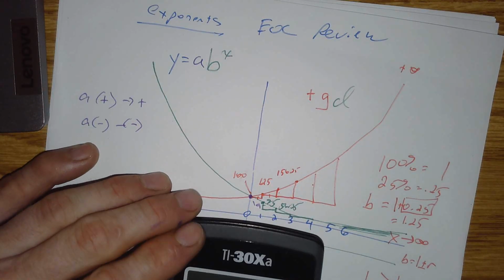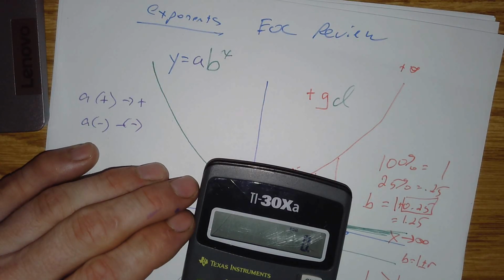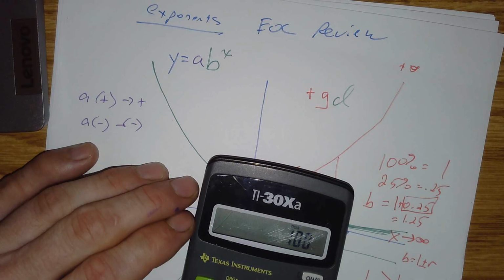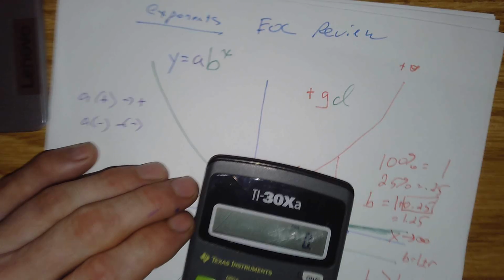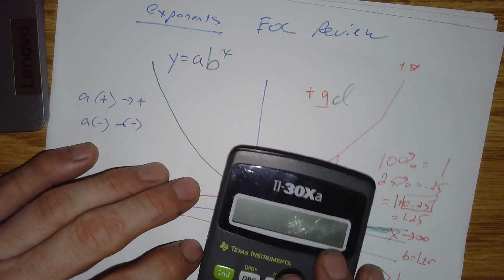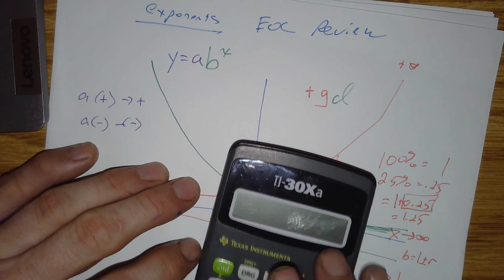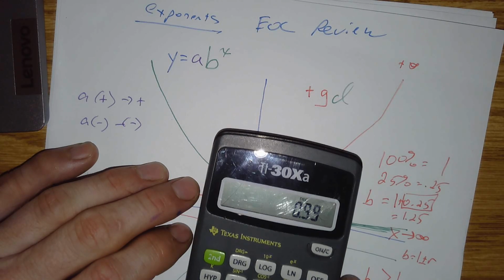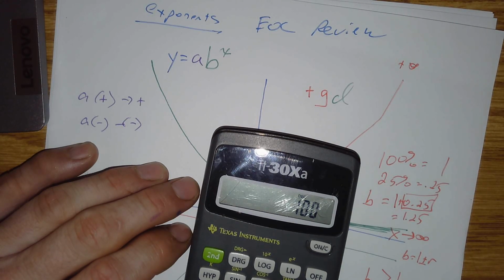If I go smaller, so if I take 0.75 raised to 1,000, right, it's effectively 0. It's so small that the calculator says it's 0, but say it was like 0.99, that's just 1% off, raised to 1,000, right?